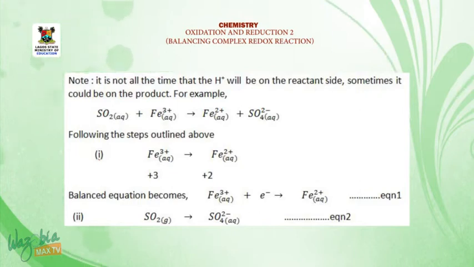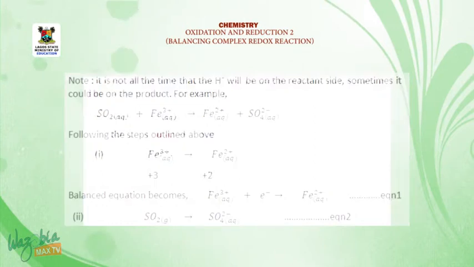The oxidation number is +3 on the reactant side and +2 on the product side, so the balanced equation becomes Fe3+ + e- to give Fe2+. The other equation will be SO2 to SO4 2-.